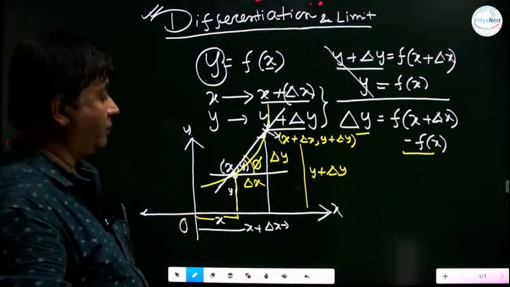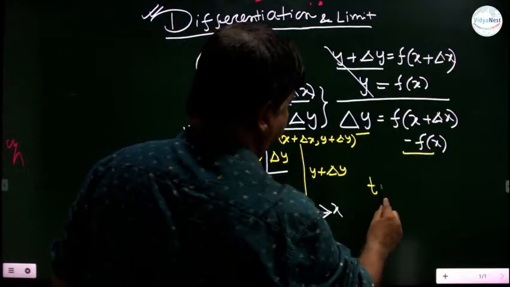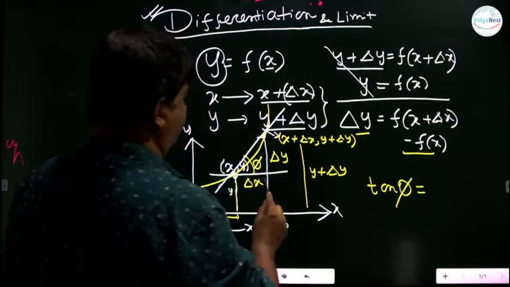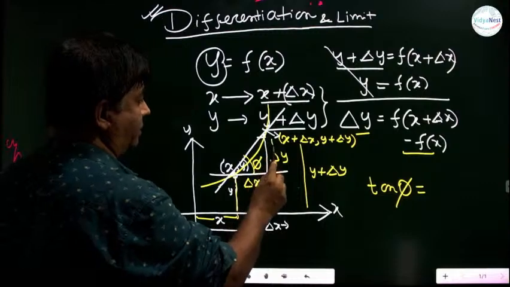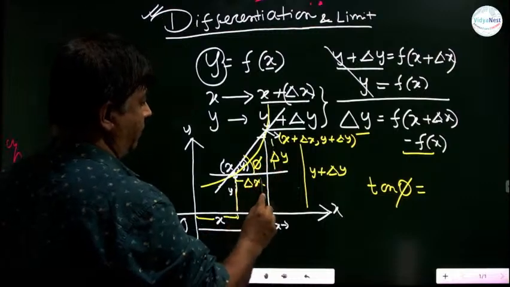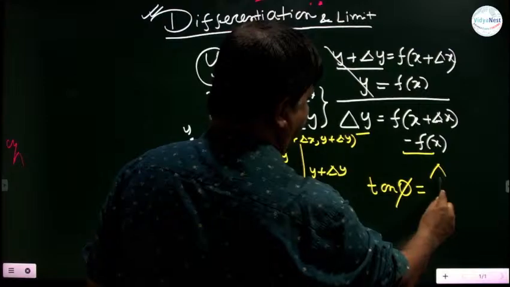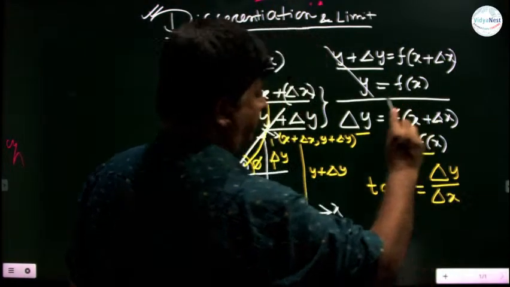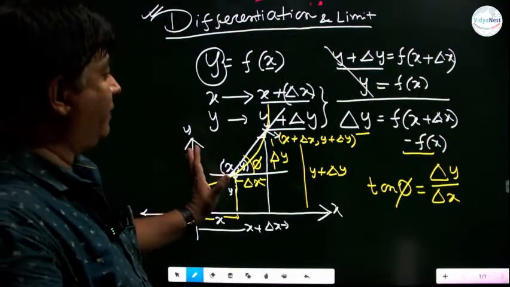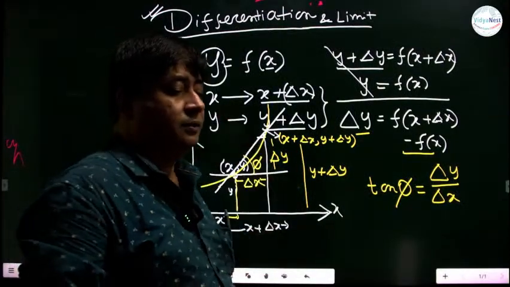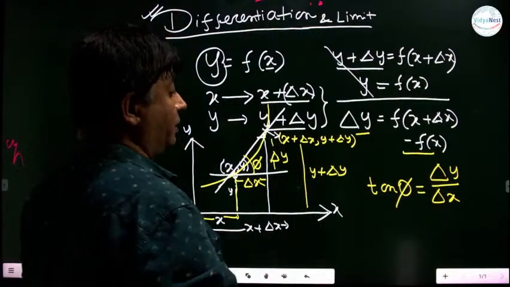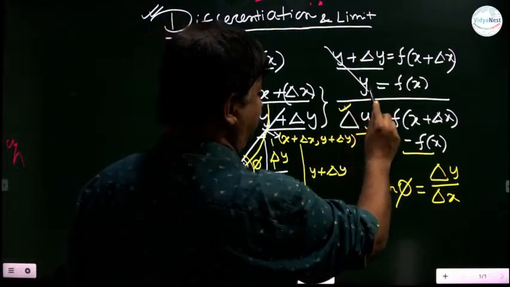So, according to trigonometry, tan phi is delta Y by delta X. Delta Y by delta X. Is it clearly visible? Good. Now, what is delta Y? A few minutes back, we have derived that.